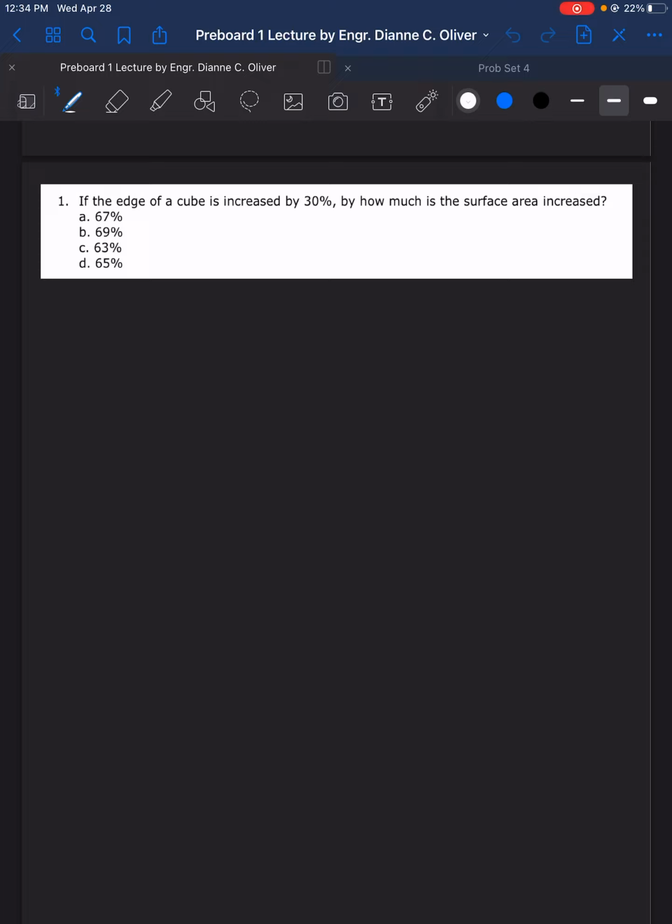Now, let's have a comparison. So, it has two situations. First is the original surface area of the cube. Let A1 be the original surface area of the cube, and A2 the increased surface area of the cube.